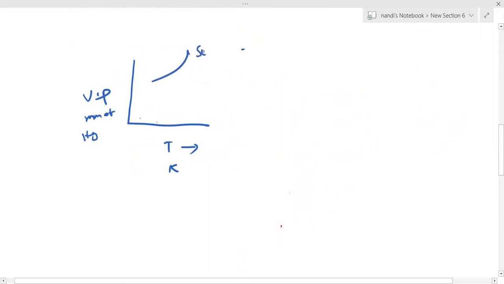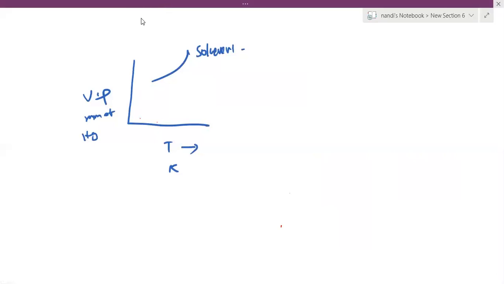So we can see the graph also. With respect to the graph, we can explain vapor pressure in mm of Hg and temperature in Kelvin. This is the pure solvent, and this is the solution.